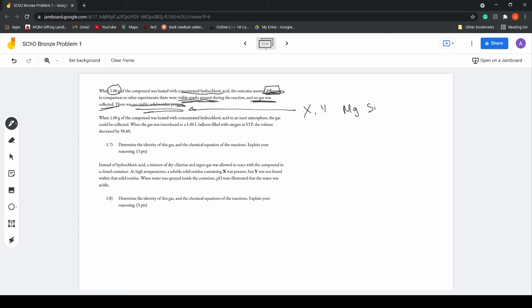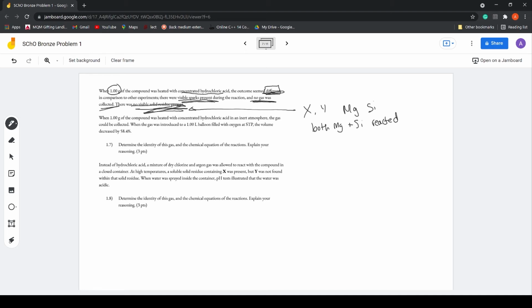When we had acid before, magnesium was reacting, and silicon just stayed silicon and was a solid. Now we see that there's no visible solid residue. That means that the silicon also had to react, because silicon by itself is just a solid. So what does this tell us? No visible solid residue tells us both magnesium and silicon reacted. That's the first thing we want to get out of it.